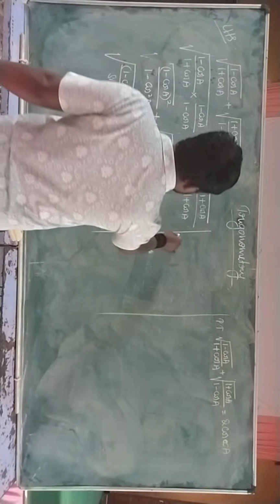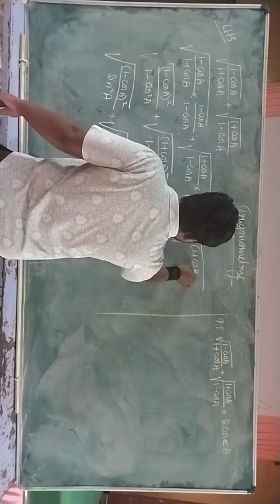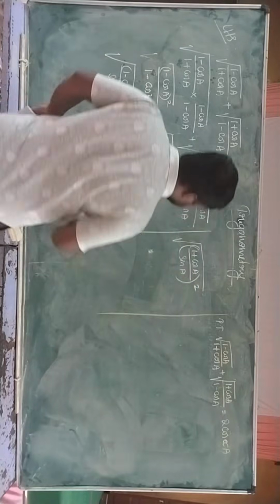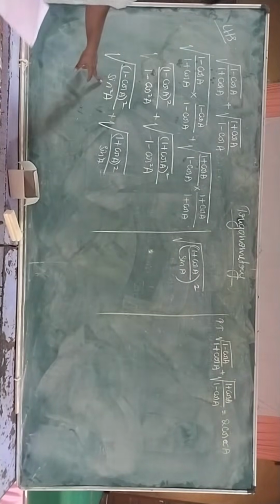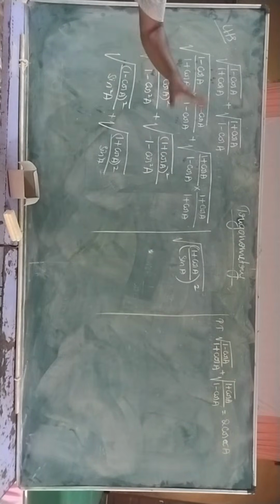Now what to do? Under root, (1 plus cos A divided by sin A) whole square, both the numerator and denominator together squared.